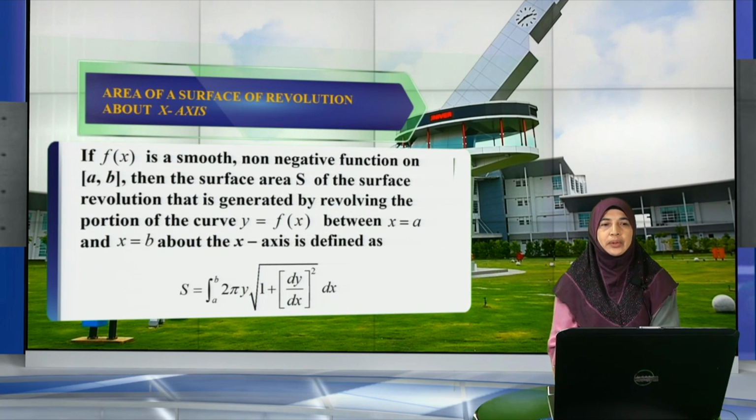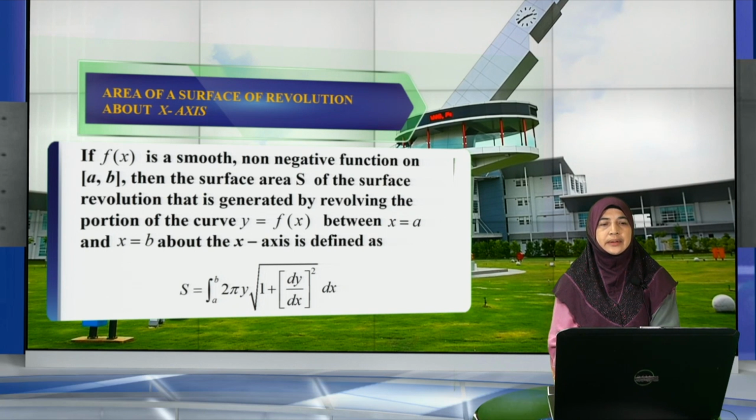So if we want to find the area of a surface of revolution about the x-axis, we have a formula for this, but the function f should be smooth and non-negative on [a, b]. Then the surface area S of the surface of revolution that is generated by revolving the portion of the curve y = f(x) between x = a and x = b about the x-axis is defined by this.